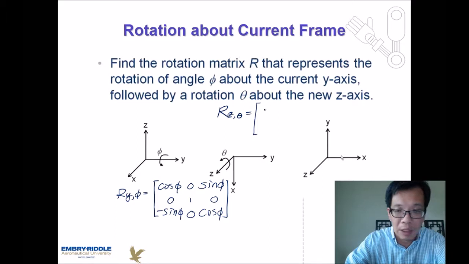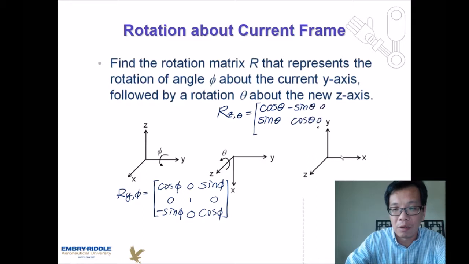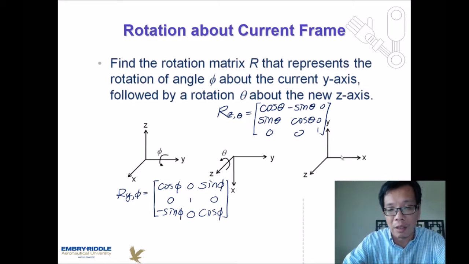Now, if we want to rotate about the z-axis, then R_z(theta) is going to be cosine theta, sine theta, negative sine theta, cosine theta, 0, 0, 1, 0, 0 over here. And after transformation, the coordinate is going to look like it converts from this shape into this specific shape.